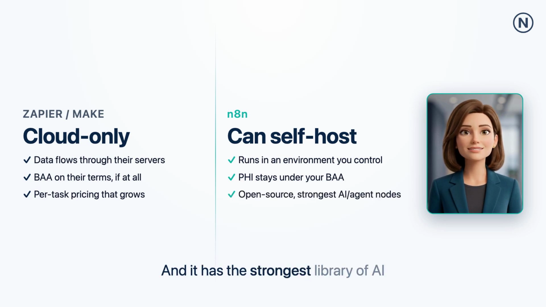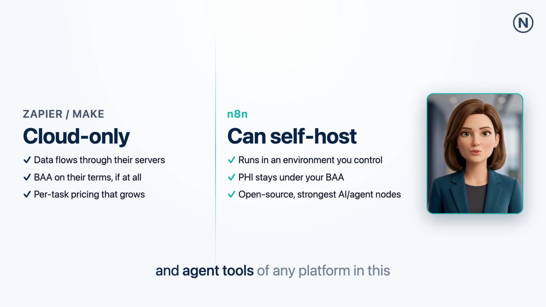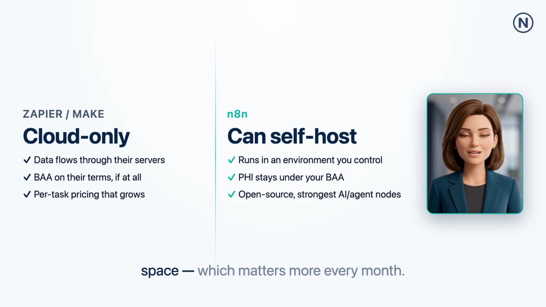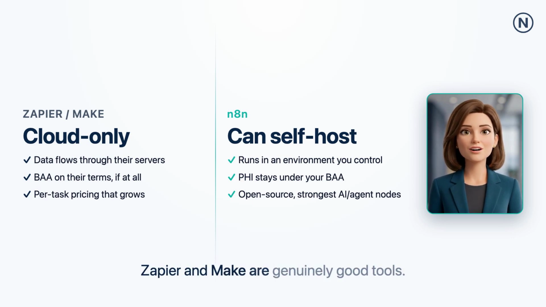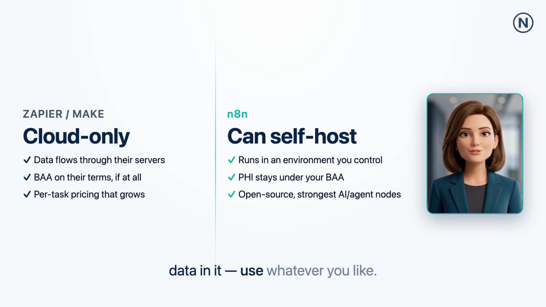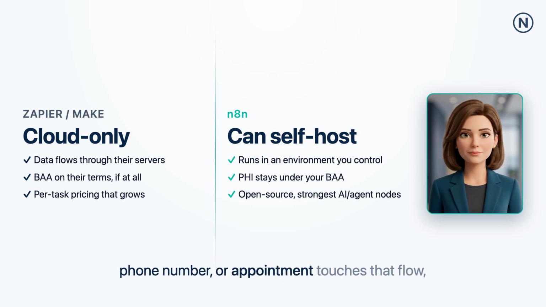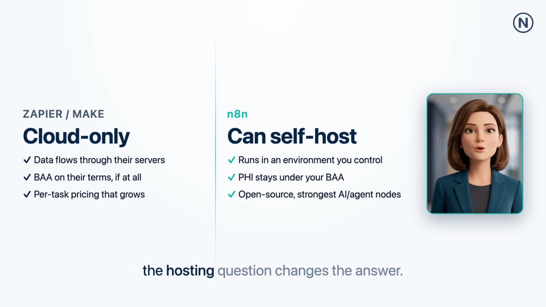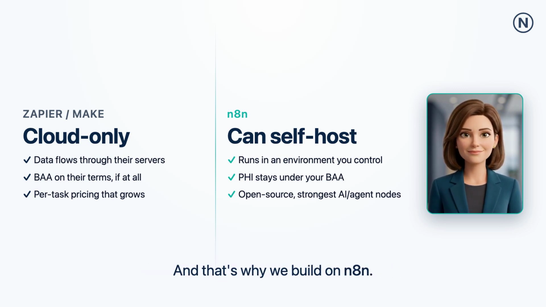And it has the strongest library of AI and agent tools of any platform in this space, which matters more every month. Let me be fair though, Zapier and Make are genuinely good tools. If you're automating a newsletter sign-up or an internal Slack notification, something with no patient data in it, use whatever you like. But the moment a patient's name, phone number, or appointment touches that flow, the hosting question changes the answer. And that's why we build on n8n.